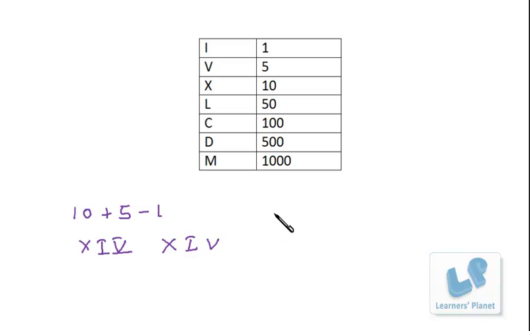Similarly, if I have to write 15, it is 10 plus 5. So it's XV. Similarly, if I have to write 16, then it will be 10 plus 5 plus 1.